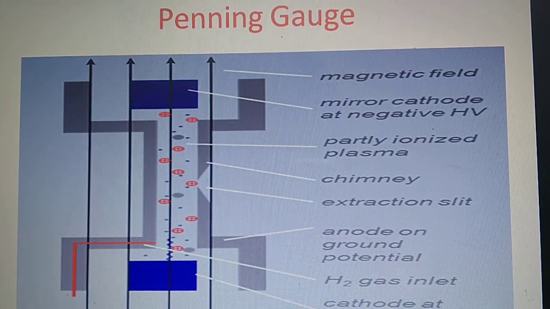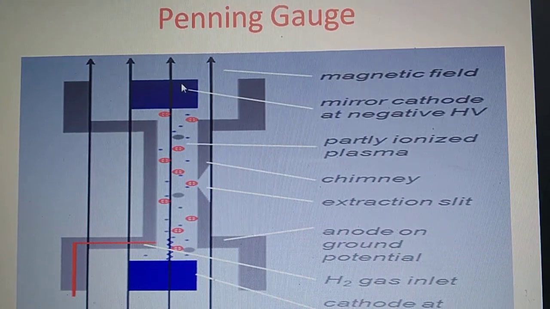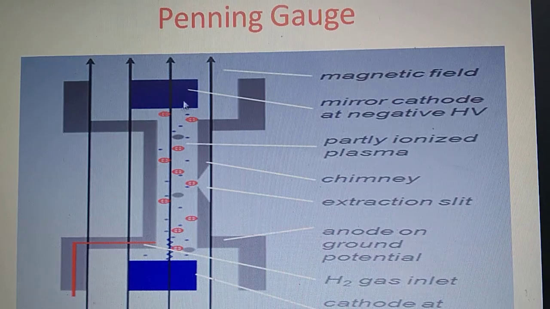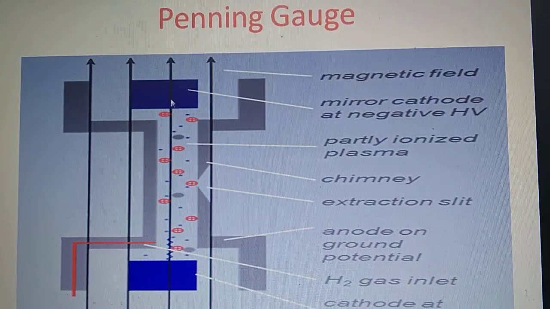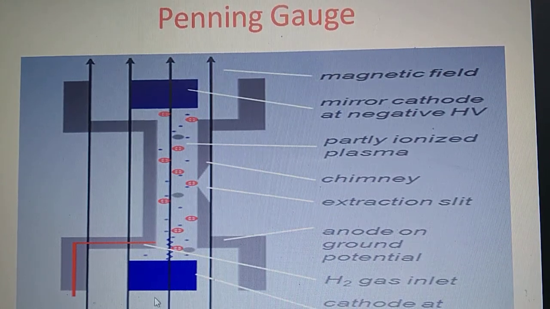So this is a mirror cathode at negative high voltage. This blue line is a mirror cathode at negative voltage, at the upper and at the bottom level. And these are the ionized plasma, or I can say partly ionized plasmas. These gray shaded bars are chimneys.